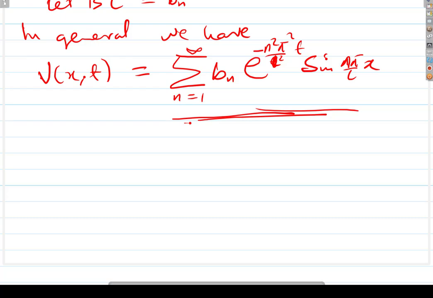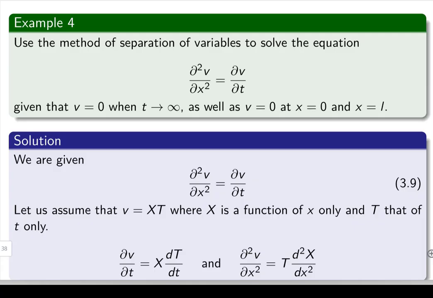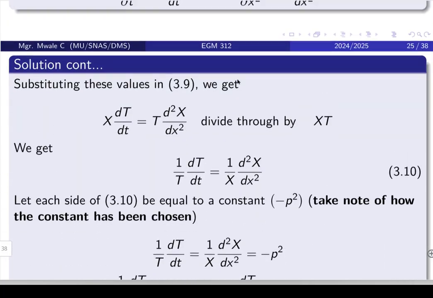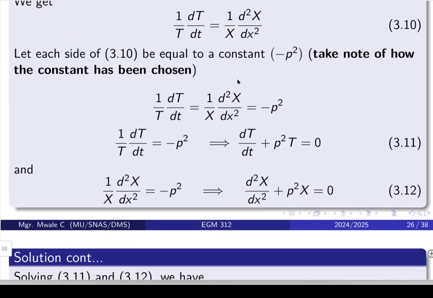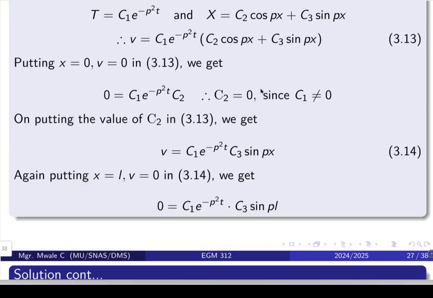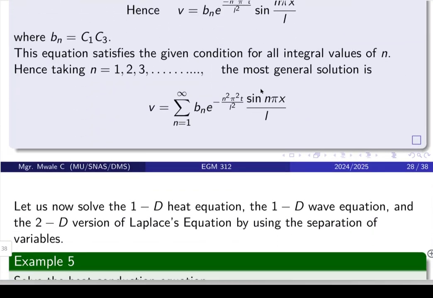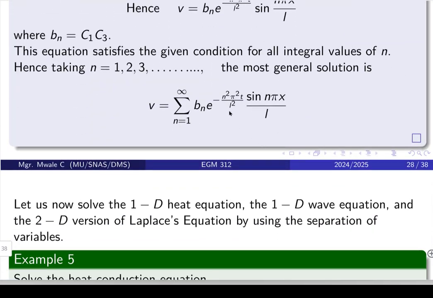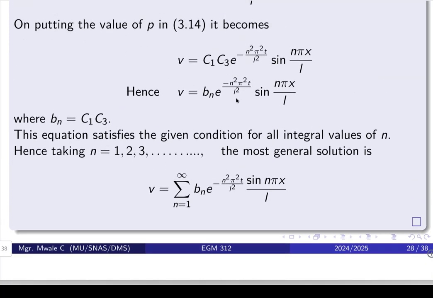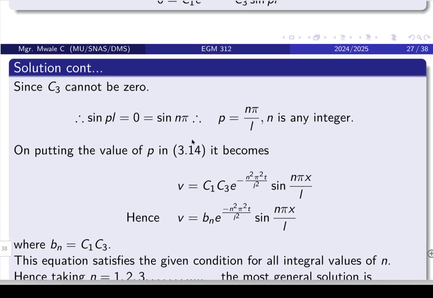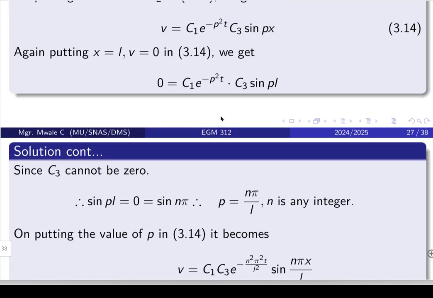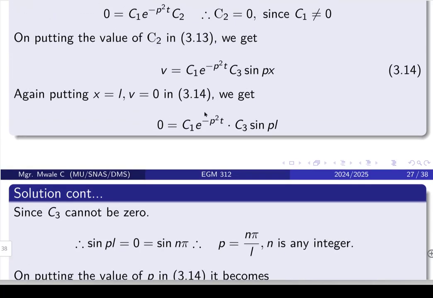So this is the solution for this one. The letters used are different, so I was using alpha, there's p here, so it's fine. It's one and the same thing. You can use n later.